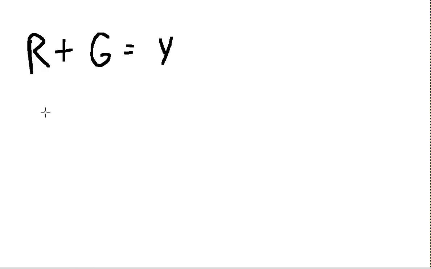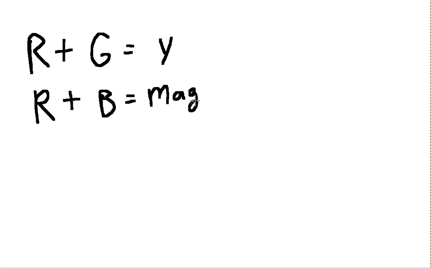So that's our next color equation. Red plus blue equals, and I'll write this word out. Some of you may not know this one. Actually, I'll write all these ones out, but hopefully you remember red, green, and blue.